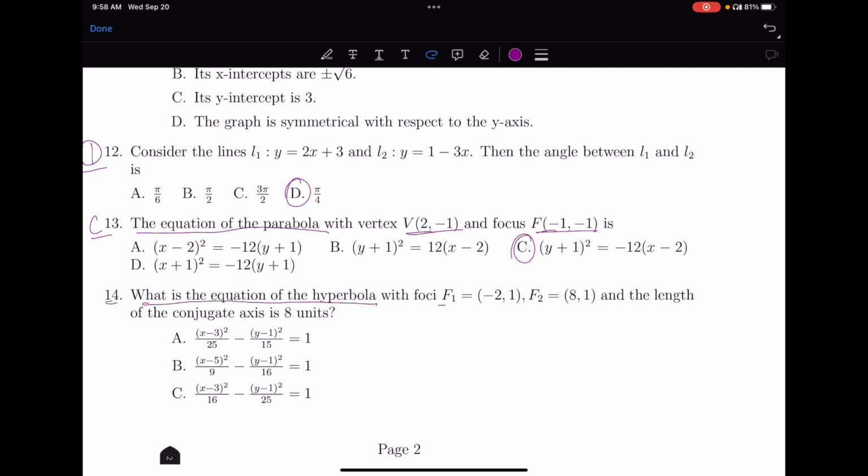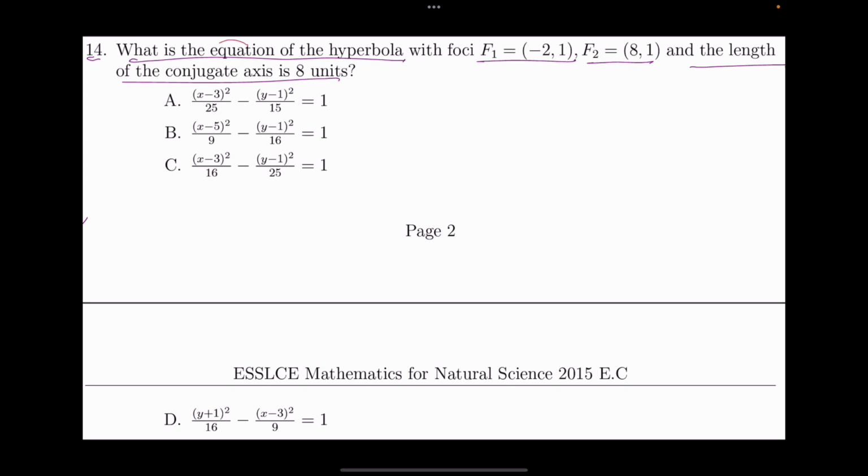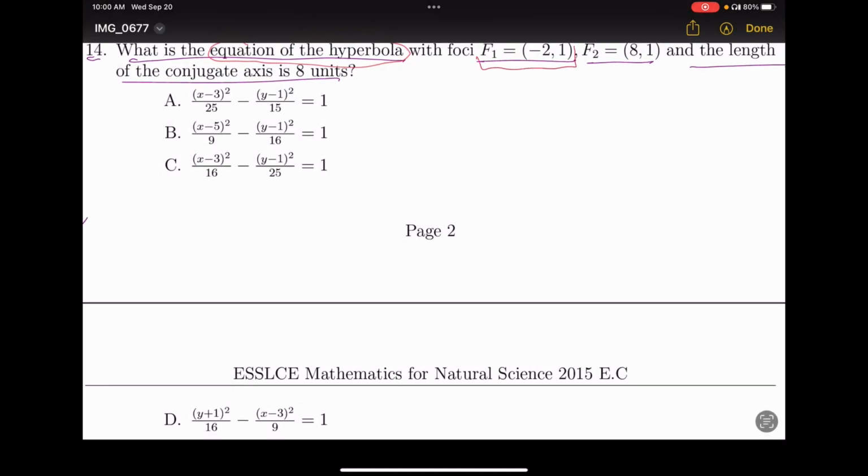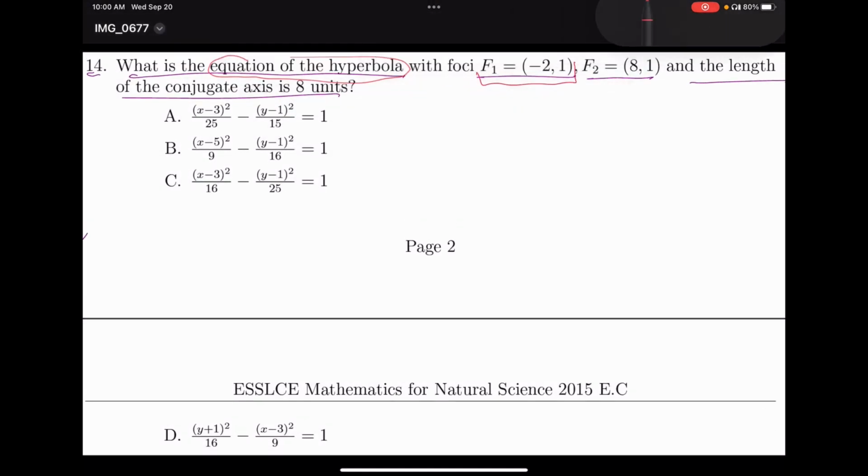Okay, 14th question: what is the equation of the hyperbola with foci -2, 1 and 8, 1 and the length of the conjugate axis is 8 units? We are asked for the equation of the hyperbola. Two foci are given, -2, 1 and 8, 1.